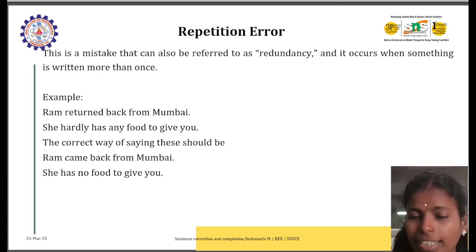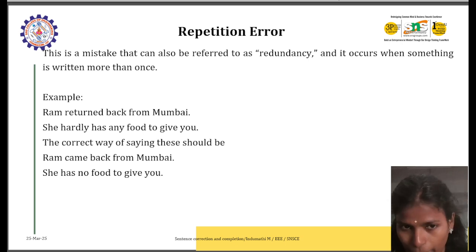This is a mistake that can be referred to as redundancy, and it occurs when something is repeated more than once. For example, take the sentence: Ram returned back from Mumbai. Actually, returned itself means he's back from Mumbai. Either you can just write it as Ram returned from Mumbai.